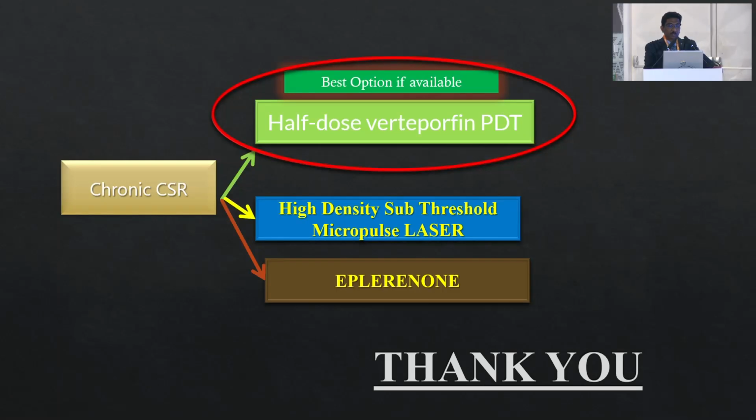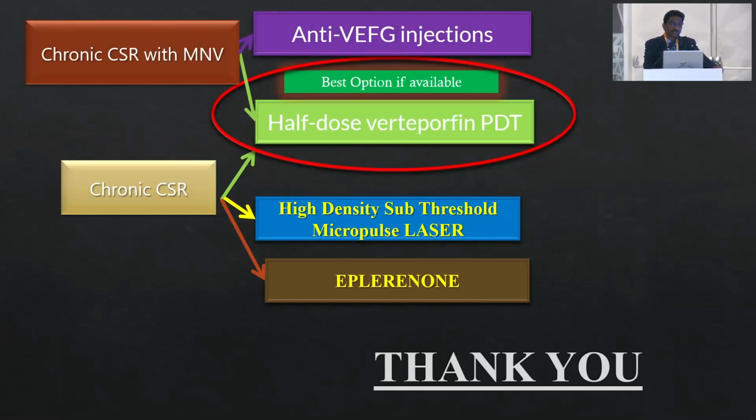So the best option would still be verteporfin, which is not available, and the other two options that we have in our hand are the micropulse laser and the eplerenone. And for chronic cases with MNV, anti-VEGF injection would be required. Thank you.